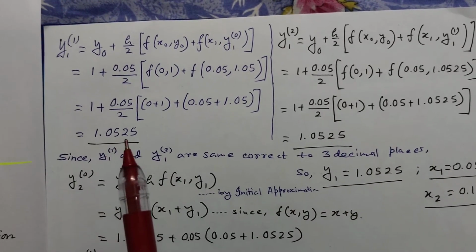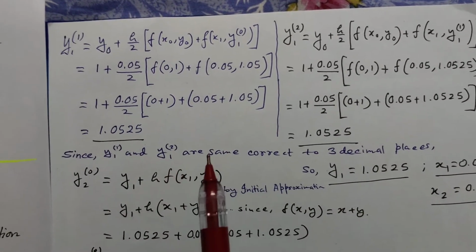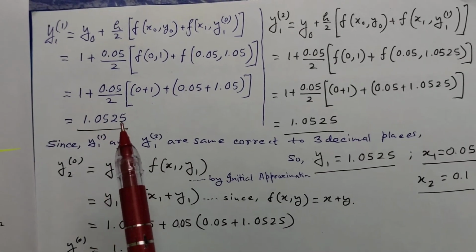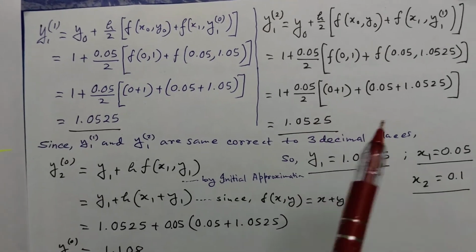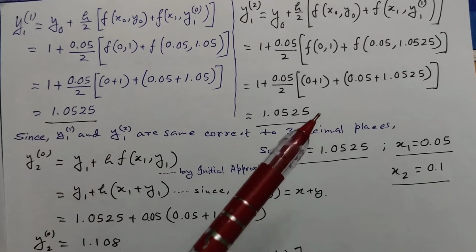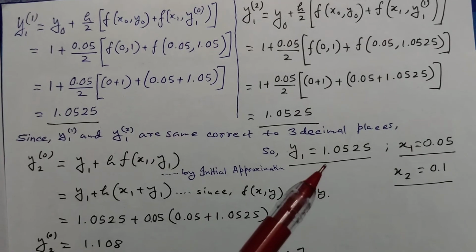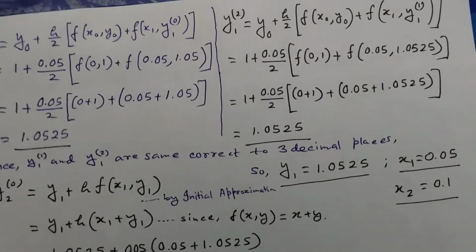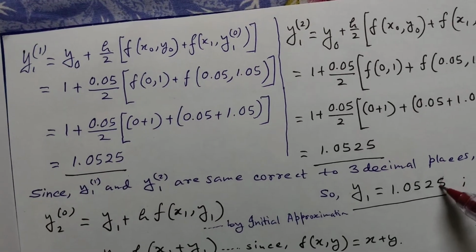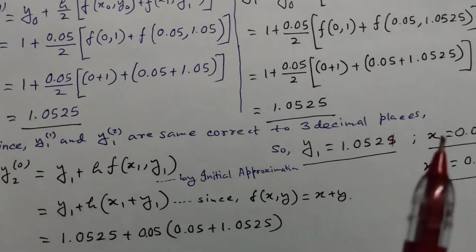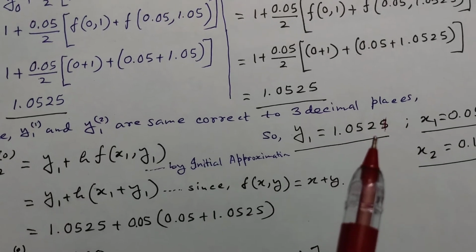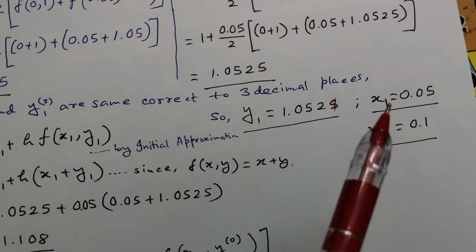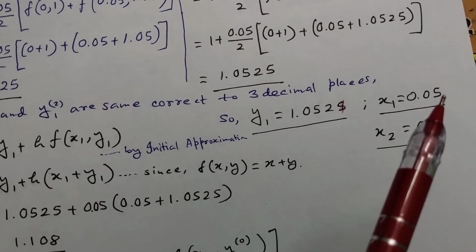Since y11 and y12 are the same, correct to 3 decimal places, that is 052, y1 will become 1.052. You can put 5 here because both are the same, or you can eliminate it and write y1 equals 1.052, right? So for x1 equals 0.05.